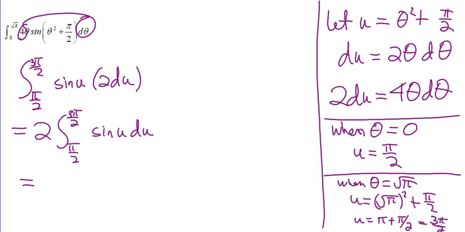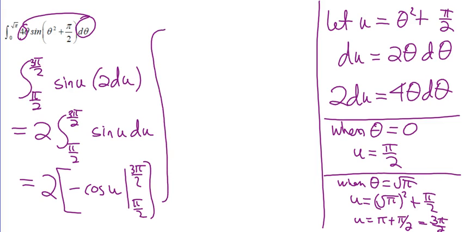So 2 times what? It's going to be negative cos u evaluated on the interval 3 pi over 2 to pi over 2. 2 times negative cos 3 pi over 2 minus negative cos pi over 2.